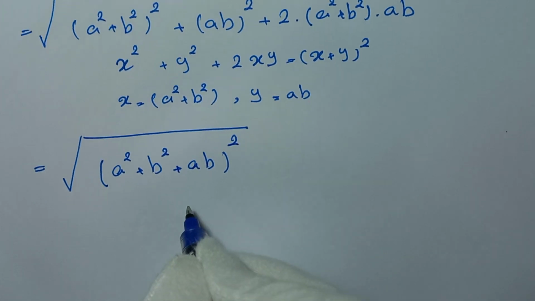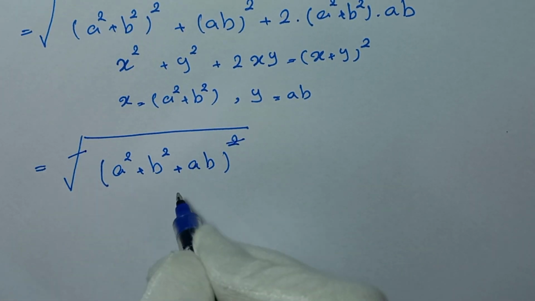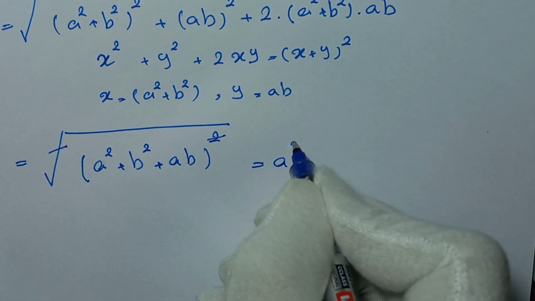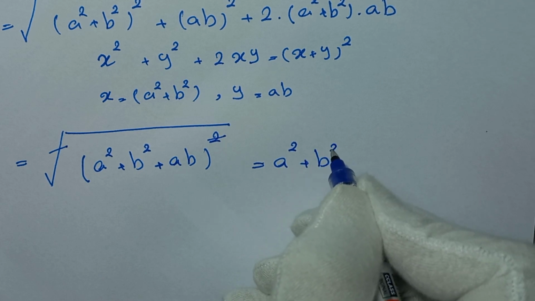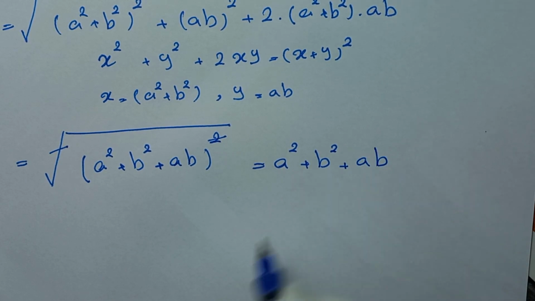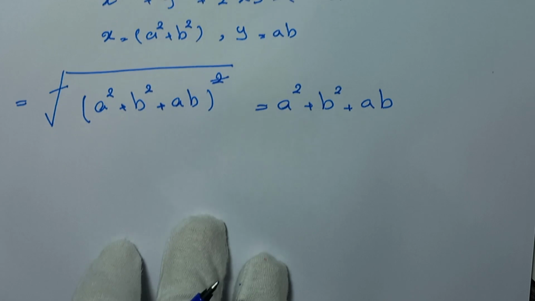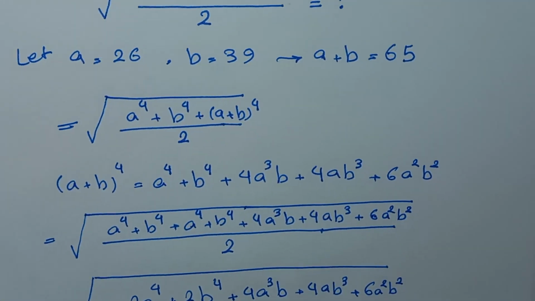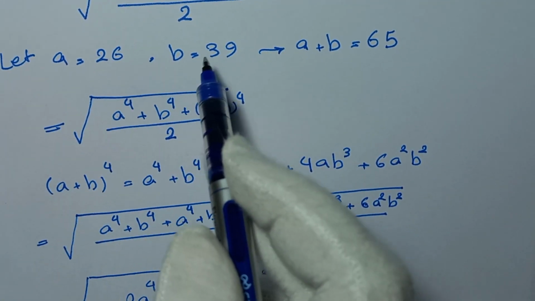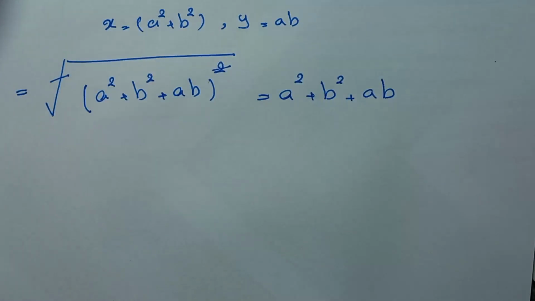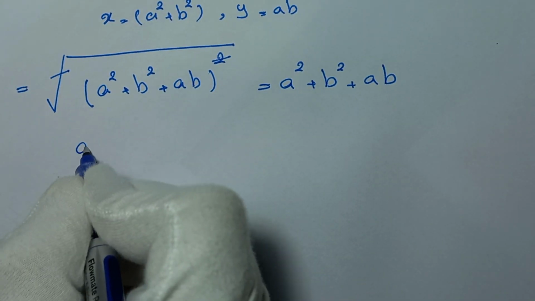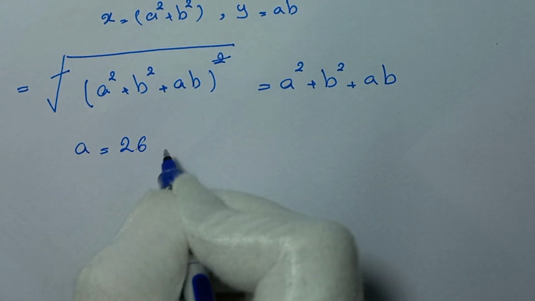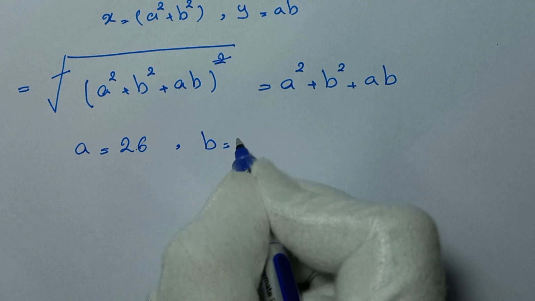So here the square root and the square cancel, and it will be a square plus b square plus ab. So in the next step we recall that a is equal to 26 and b is 39.